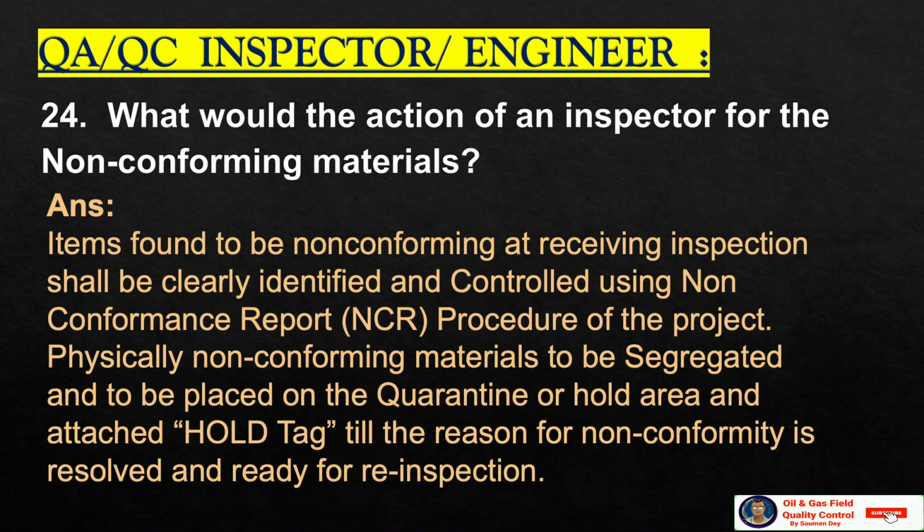What would be the action of an inspector for non-conforming materials? Items found to be non-conforming at receiving inspection shall be clearly identified and controlled using the non-conformance report NCR procedure for the project. Physically non-conforming material is to be segregated and placed in the quarantine or hold area and a hold tag attached till the reason of non-conformity is resolved and ready for re-inspection.